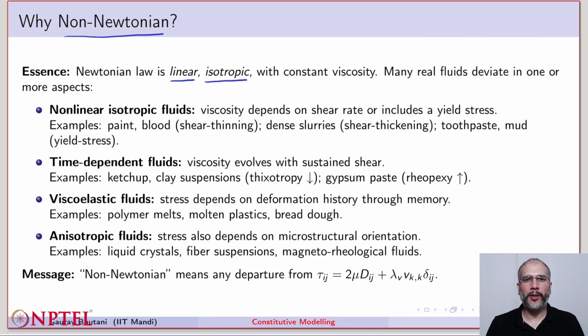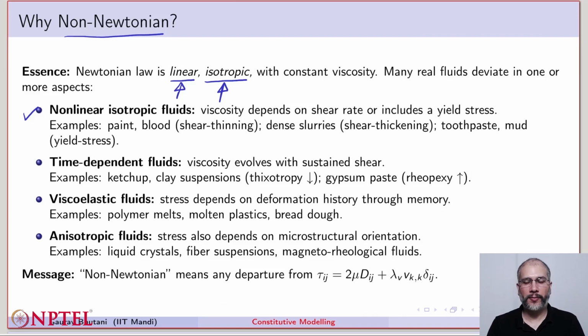So Newtonian law basically is a very special case which provides a linear relationship between tau and D, and it is for isotropic fluids. So for something to not be Newtonian, it could be a non-linear fluid, still isotropic but non-linear.